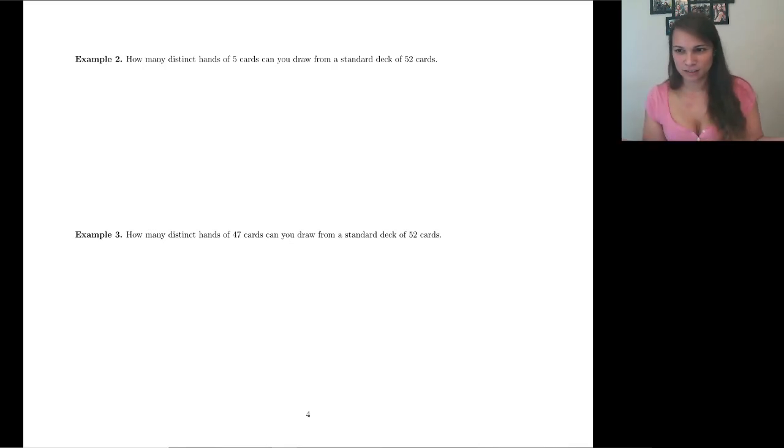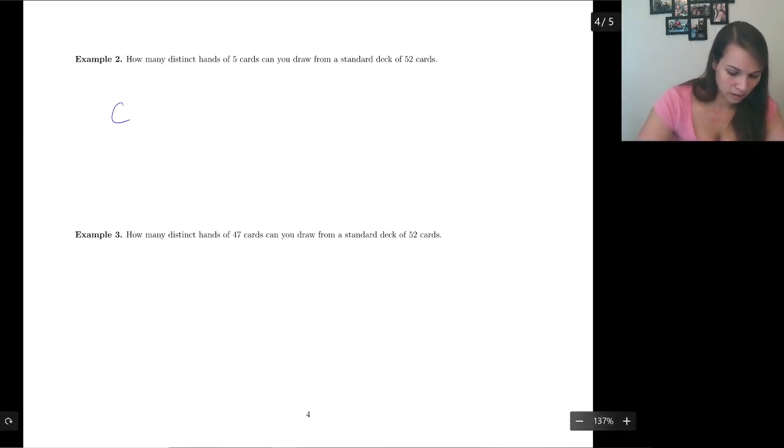It's the same hand as far as poker is concerned. So how many distinct hands of 5 cards can you draw from a standard deck of 52? That means I'm asking for distinct hands. We don't care about the order these things are sitting in your hand. Don't care at all. So we're in the land of combinations.